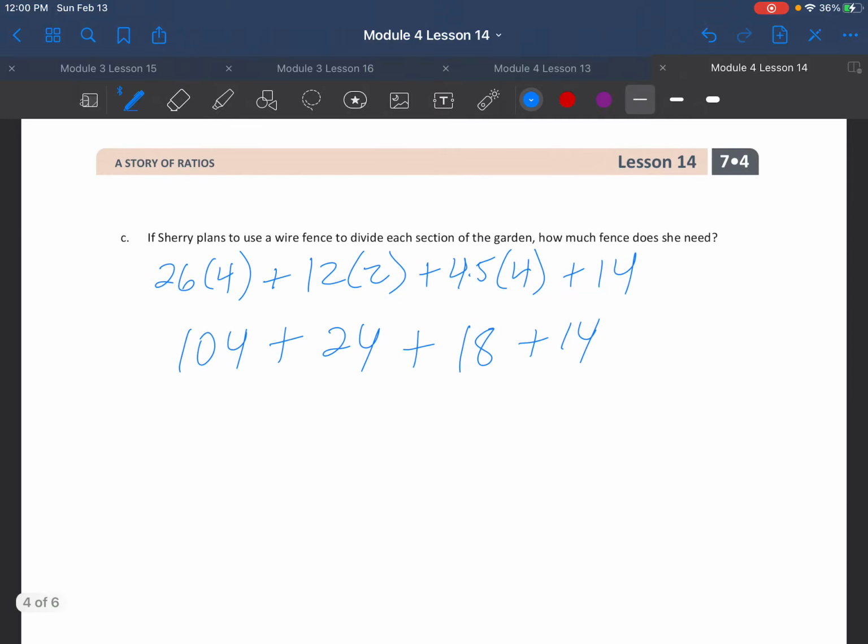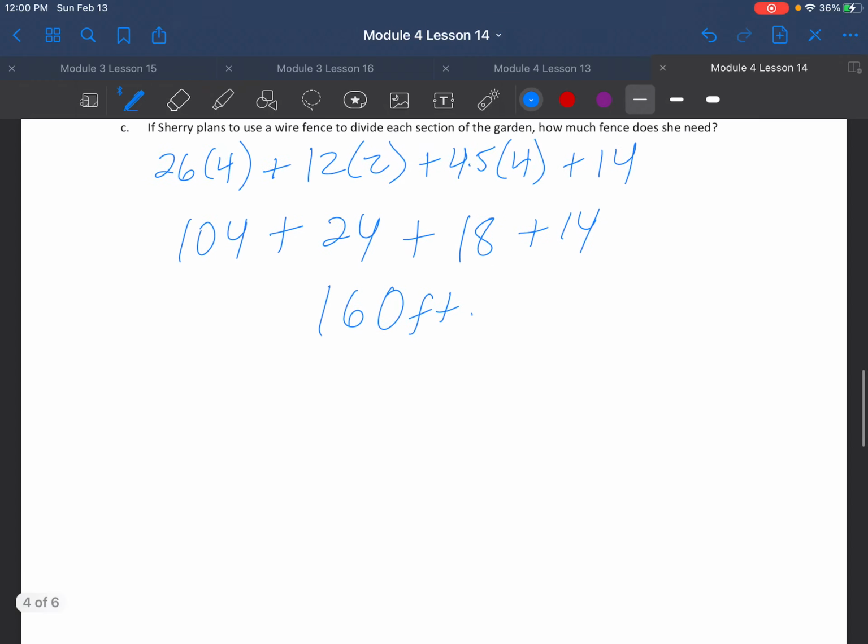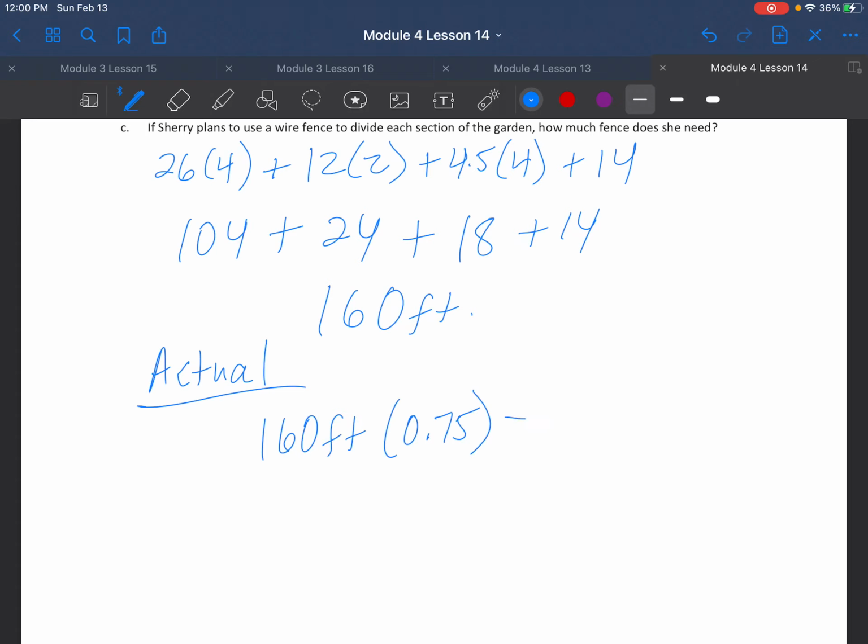Let's break this down. 26 times 4 is 104, plus 24, plus 4.5 times 4 is 18, plus 14. If we add all these together, we get 160 feet. Now, we're not done yet, right?